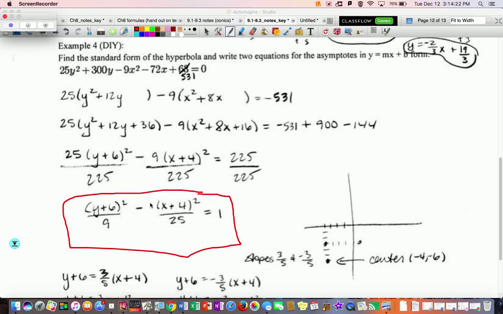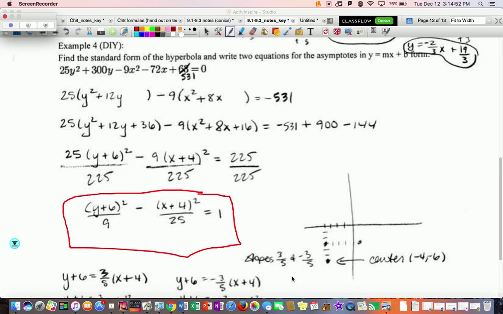All right, so once you add your standard form, make sure you grab the center, go to your x first, negative 4, y second, negative 6. Put that down for your center. Now the slope under the y will be a 3, under the x will be a 25.